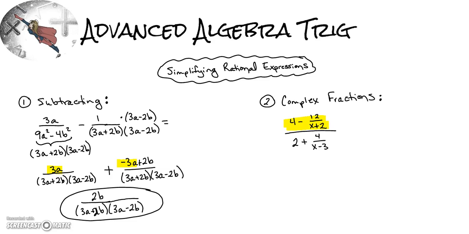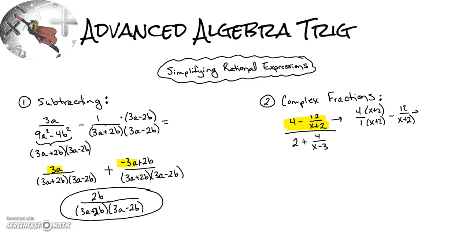To be able to subtract 4 minus 12 over x plus 2, I need to give them common denominators. So I need the 4, which is the same as 4 over 1, multiplied by x plus 2 on the bottom, and also x plus 2 on the top. And then I'll still have minus 12 over x plus 2.